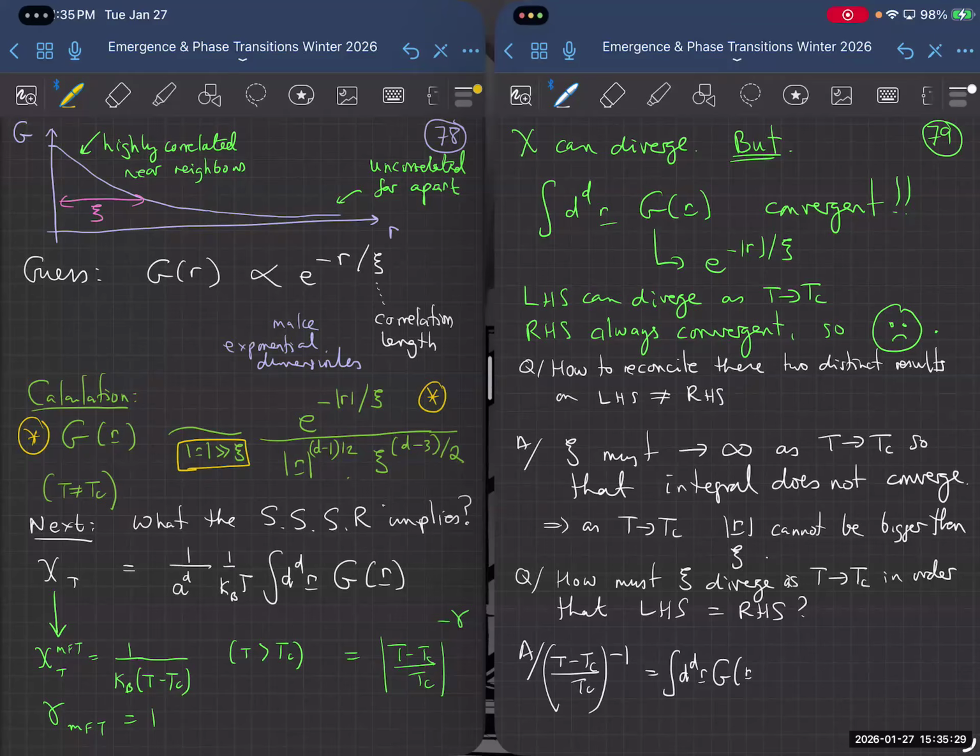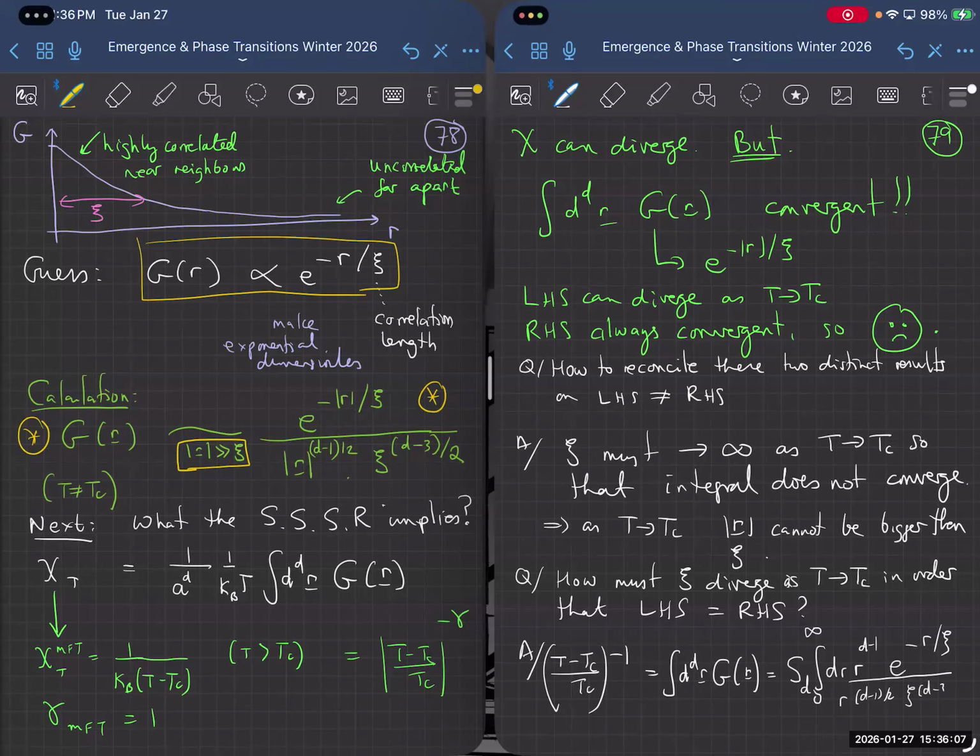If I write that in spherical polar coordinates and pretend that this function really is just an exponential, then I get the surface area of a unit d-dimensional sphere, times the integral from 0 to infinity dr, r to the d minus 1, e to the minus r over psi, divided by r to the (d minus 1) over 2, psi to the power (d minus 3) over 2.